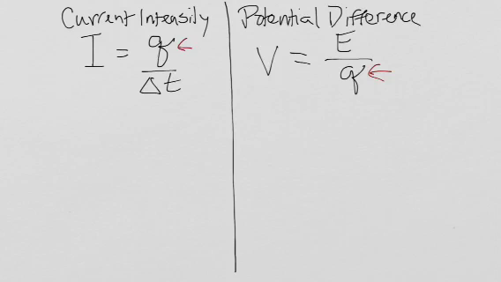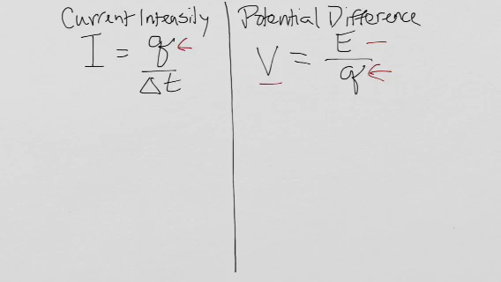So when we're trying to solve some of these mathematical problems, we might be given an object's voltage and its energy, where we have to find Q. Then we have to use that Q in the current intensity formula to find I. These are things that you could be given, and we will work through examples of that.